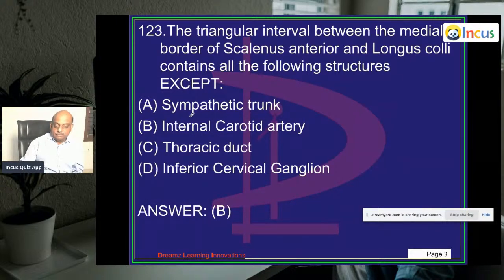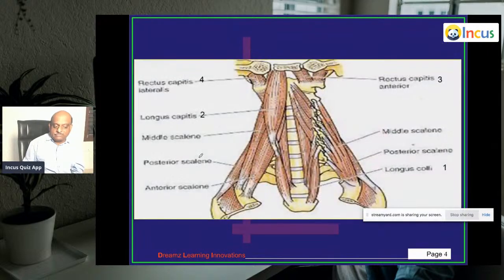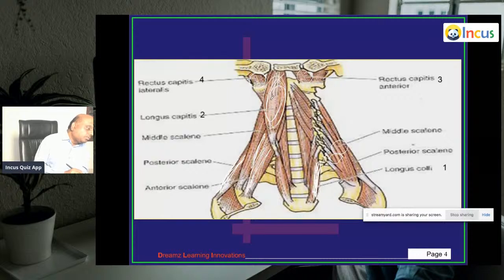So we have sympathetic trunk, thoracic duct, inferior cervical ganglion, they're all the part of it. So this is the rectus capitis lateralis, rectus capitis anterior. This is the middle scalene, posterior scalene, longus colli muscle. This is the anterior scalene, this is the posterior scalene, and this is the middle scalene, and this is the longus capitis. So you should know all this.